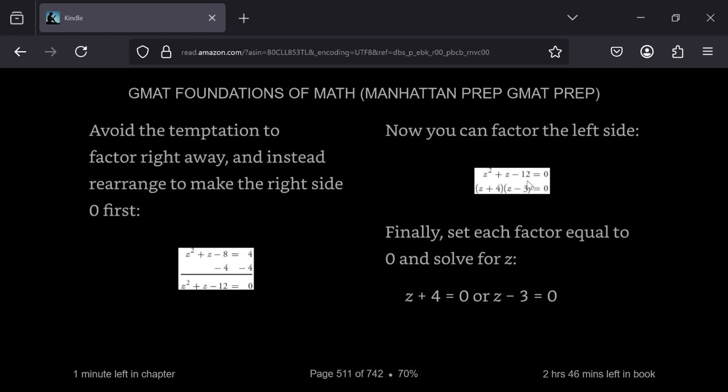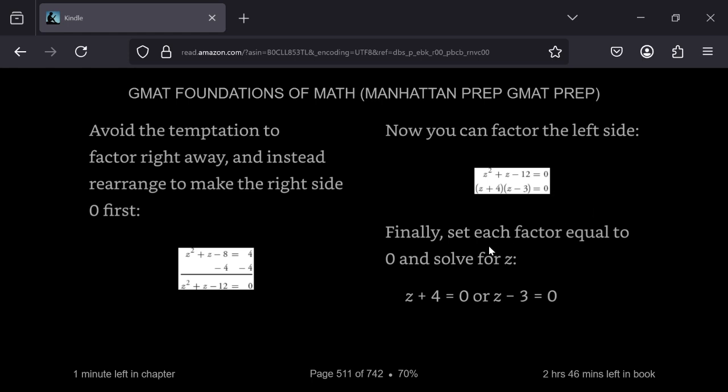Because 12, we can factor it into 2 and 6, right? But if we do that, the coefficient of the middle term won't be 1. That's why here it's z plus 4, and then parentheses again, z minus 3 equals 0.